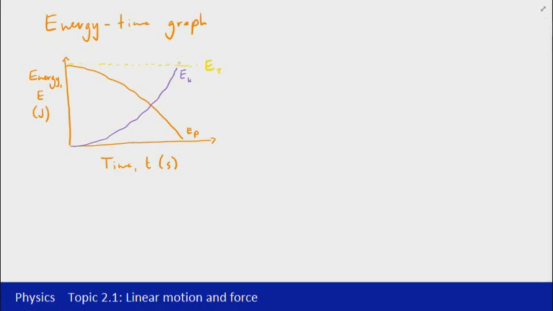If we had any energy losses, then that total would still be horizontal, but what we'd expect to see is that the kinetic energy might be a little bit lower, and the difference between the total and the sum of EP and EK could then be the energy losses in the form of heat and sound. So the first aspect there is that energy conversions can be represented on an energy time graph.